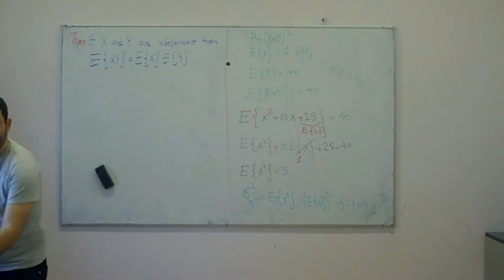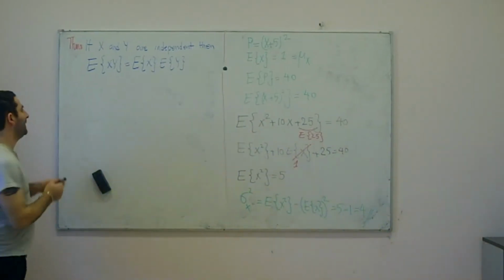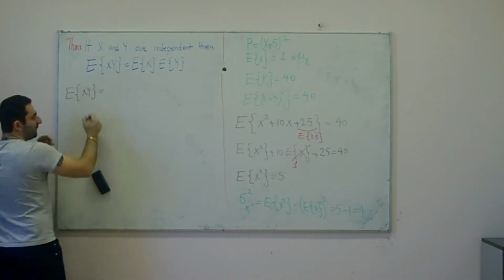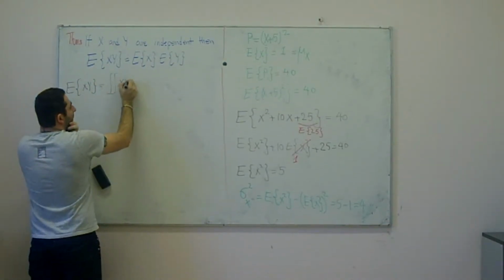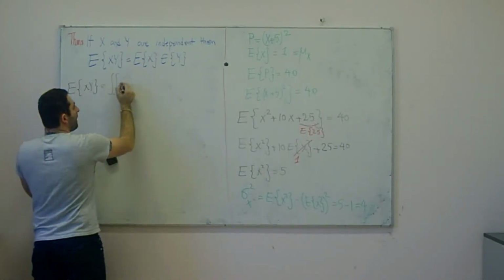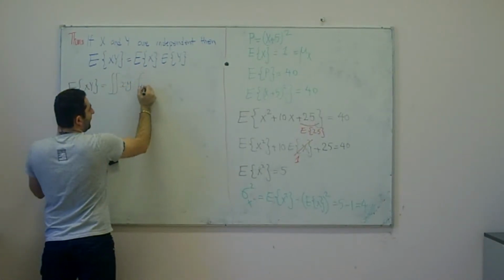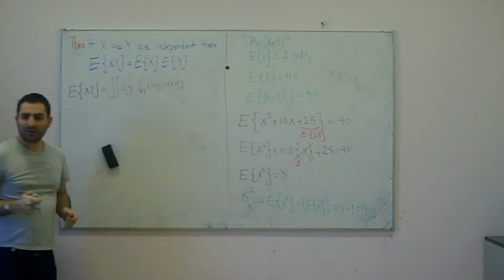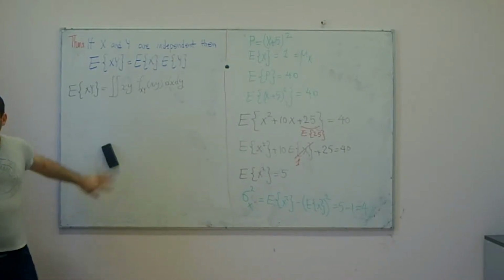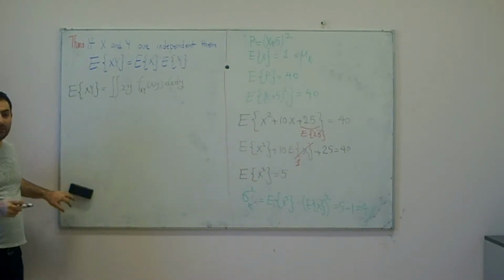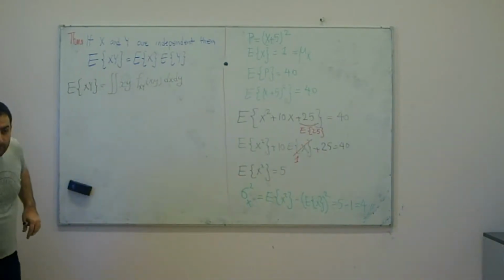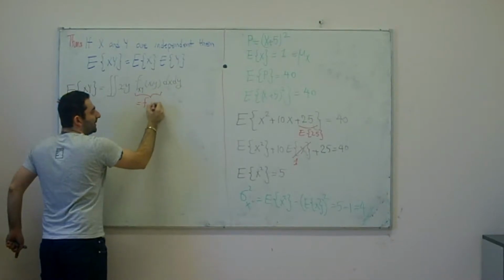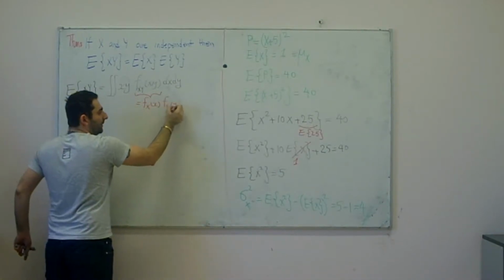And the proof is simply by writing down the definition of expected value. Because it is a joint random variable, we have a double integral of xy multiplied by f_XY of x and y, dx dy. Now, x and y are independent. So what does it mean? It means that this is equal to f_X of x multiplied by f_Y of y, right?